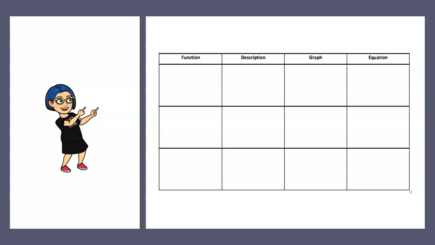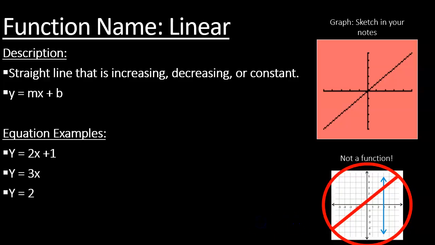All right, here we go. The first type of function you're responsible for knowing in 9th grade is a review of 8th grade. In middle school, the only type of functions you worked with were linear functions. So in your first box where it says function, you're going to write linear.